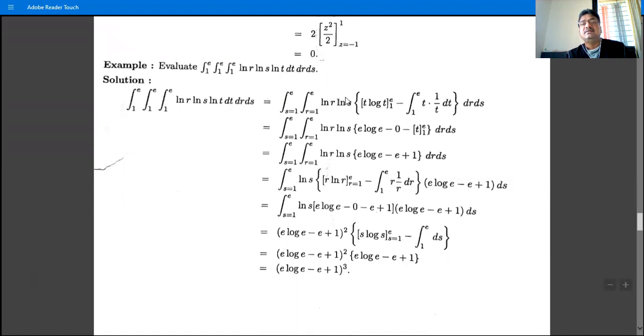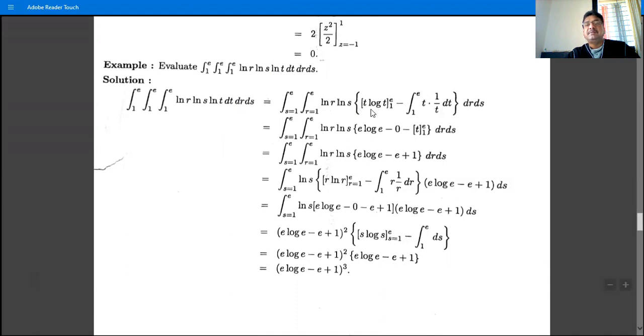The integration of log t is t into log t, minus the integration of 1 by t, t into dt.